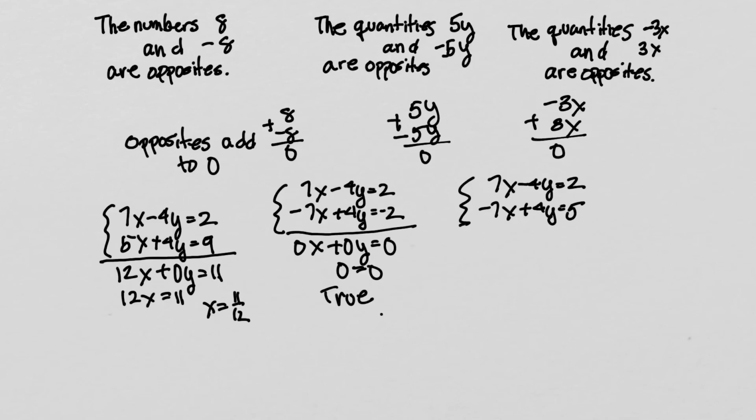Let's add these together and see what happens. 7x minus 7x is 0x. -4y plus 4y is 0y. 2 plus 5 is 7. But now 0x is 0 and 0y is 0. We get 0 plus 0 is 7, giving us 0 equals 7, which is a false statement. So in this situation, we've eliminated all the variables and gotten a false statement.